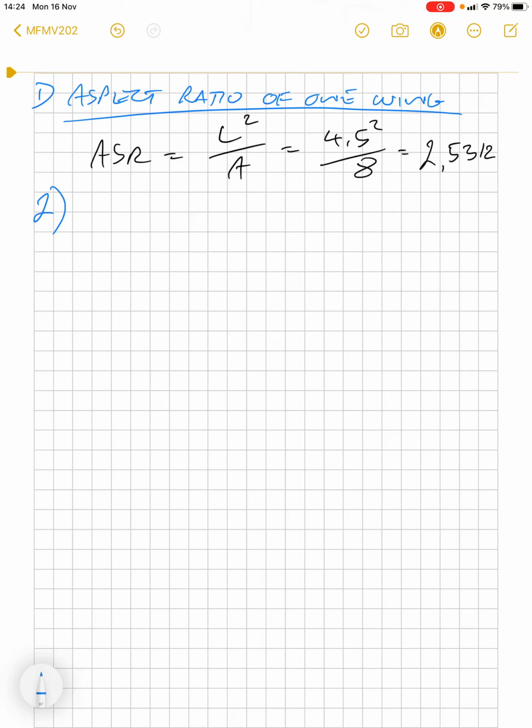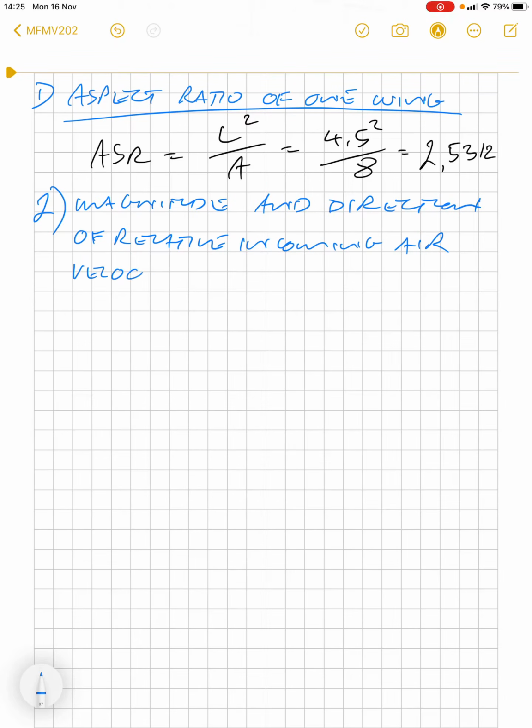So secondly, we need to calculate the magnitude and direction of the relative incoming air velocity relative to the horizontal velocity of the aircraft.